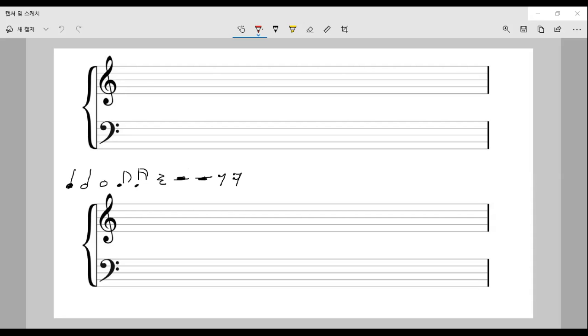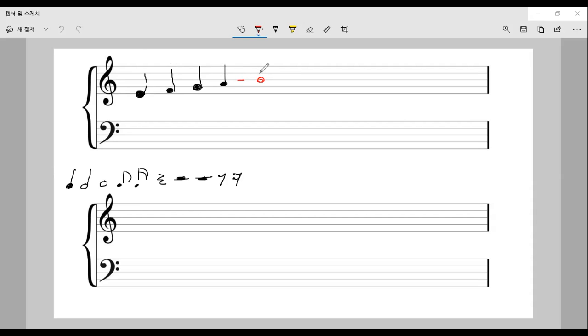On the staff, you remember the note names, right? So let me draw E. This is E, but I'm going to draw a quarter note. This is E, F, G, A. And the most important thing is that from the third line, your stem goes down.